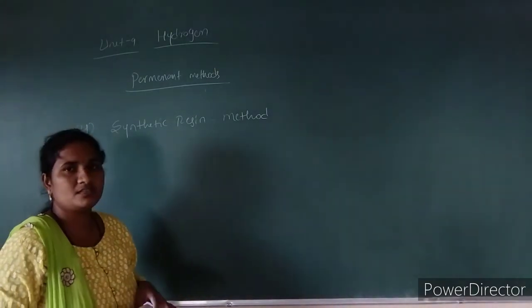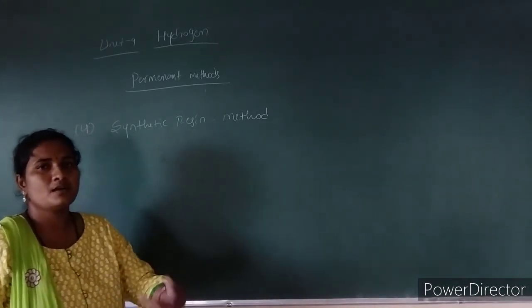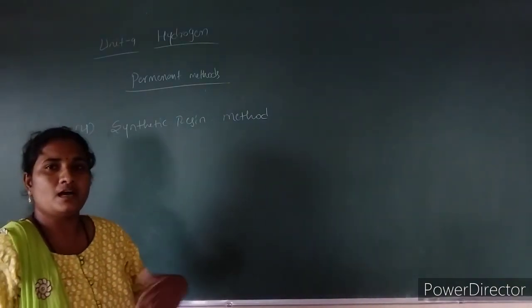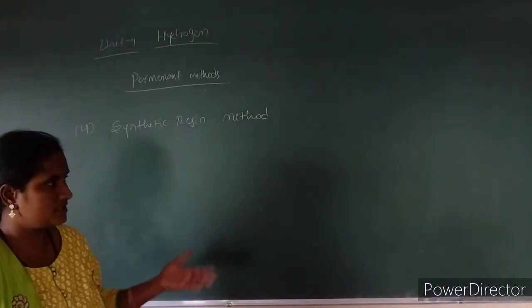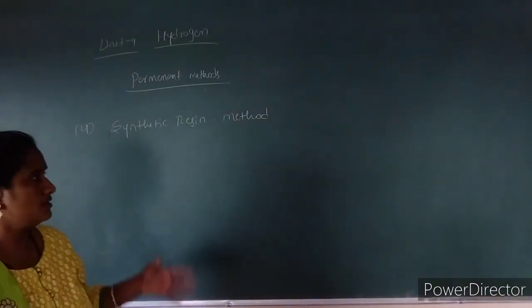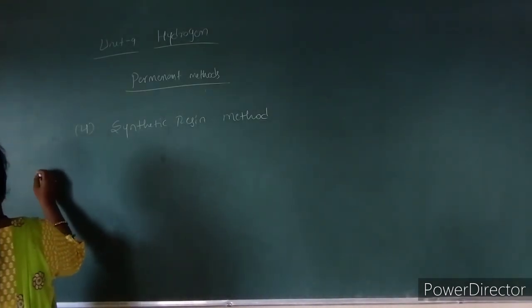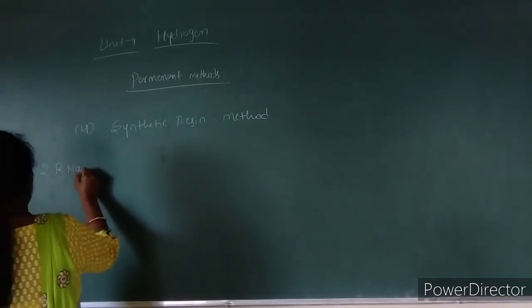Cation exchange resins always exchange the cations from the other solvent moiety, and anion exchange resins will exchange the anions like sulfates as well as the chlorides which exist in the hard water. So in this way we can remove hardness of water by using the resin technique, where R indicates the resin.